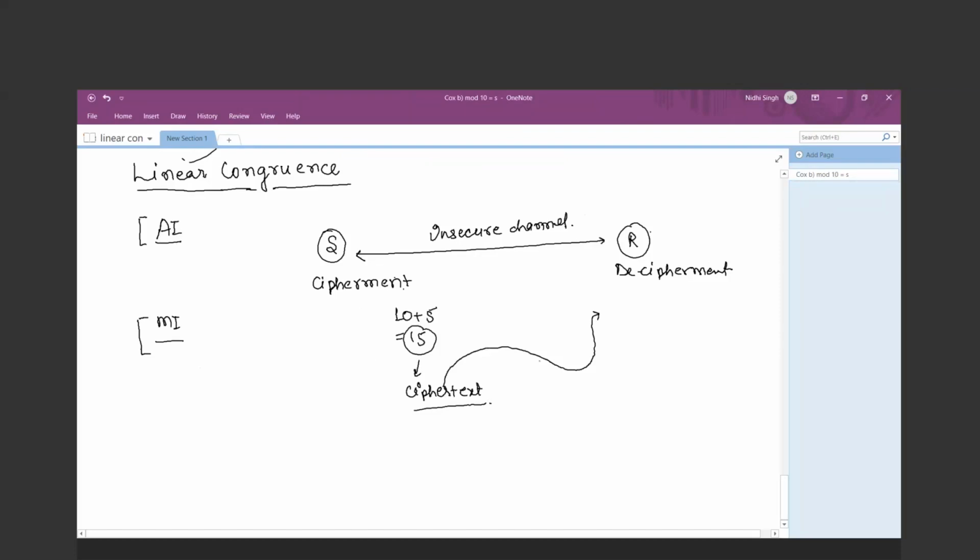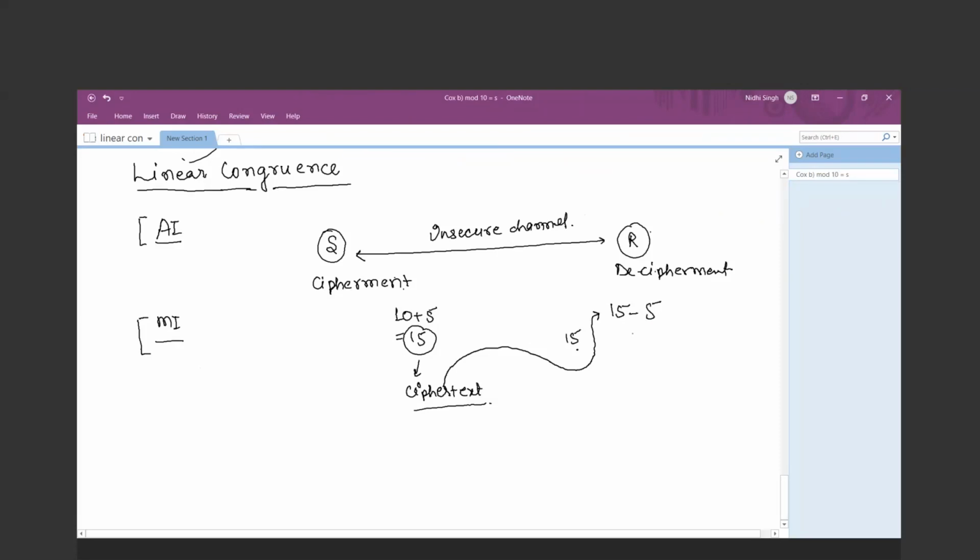So at the receiver side, 15 is received by the receiver. Now the original message is 10. Because the cipherment and decipherment algorithms are inverse of each other, the receiver has to perform the decipherment algorithm over the received cipher text. So in the decipherment, we have to subtract 5 from the received ciphertext value.